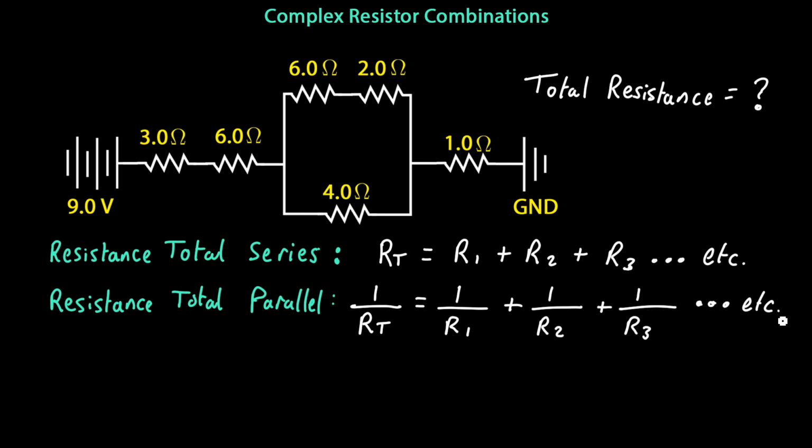So in our complex circuit, I can spot two sections where we have resistors connected in series. Can you spot these two sections yourself?